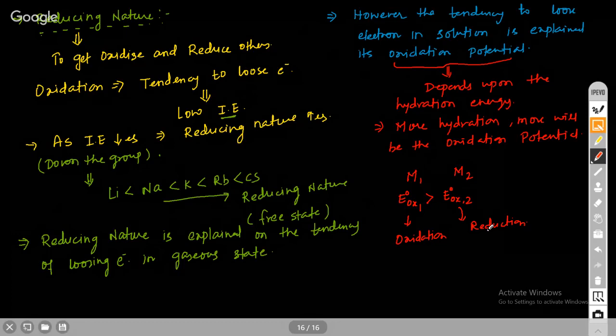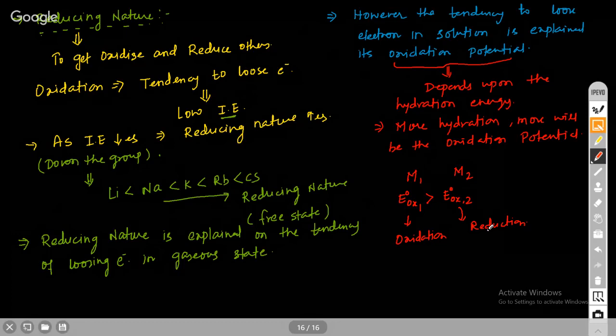The point here is what? If two metals are in a solution and one metal has more reduction potential, then that will go under reduction and the other will go under oxidation. If one metal has higher oxidation potential, that metal will go under oxidation, right?